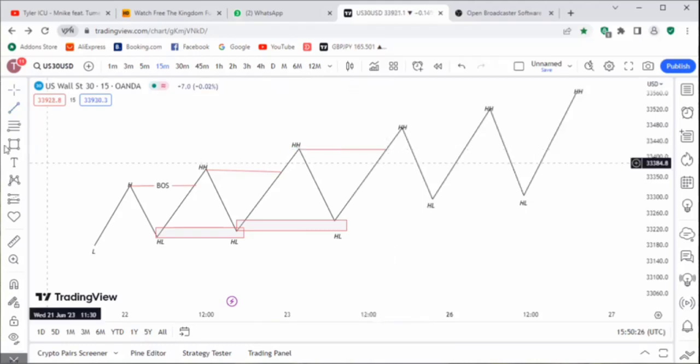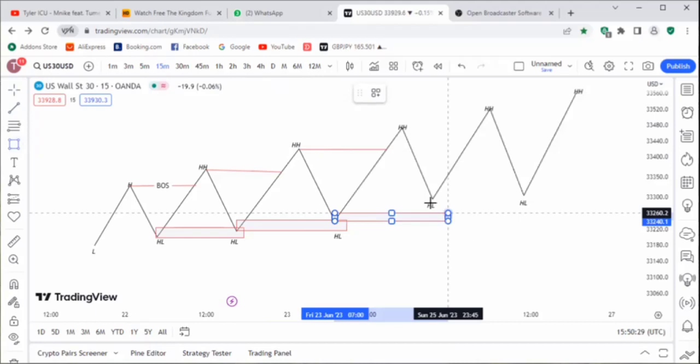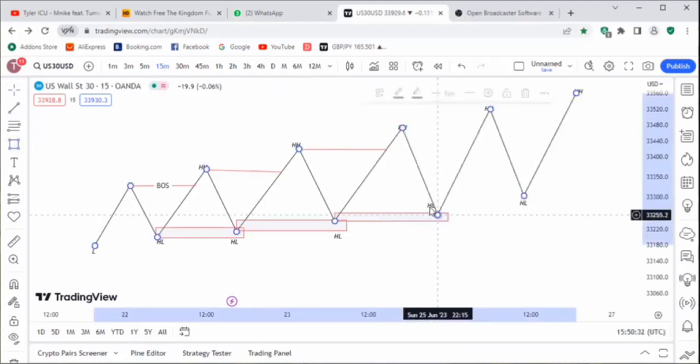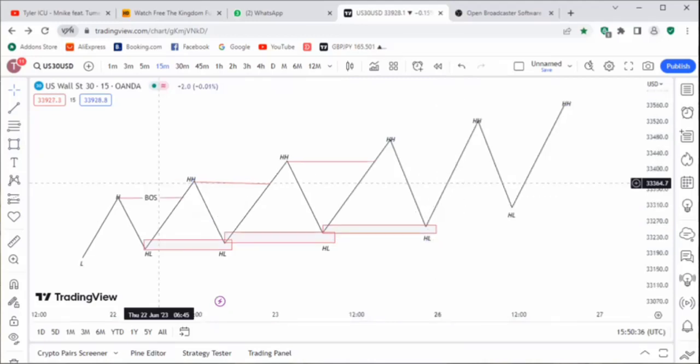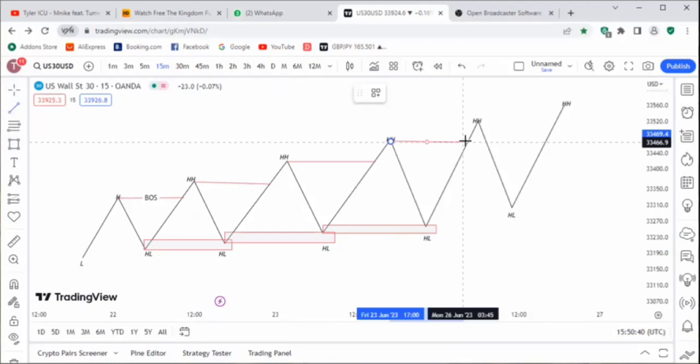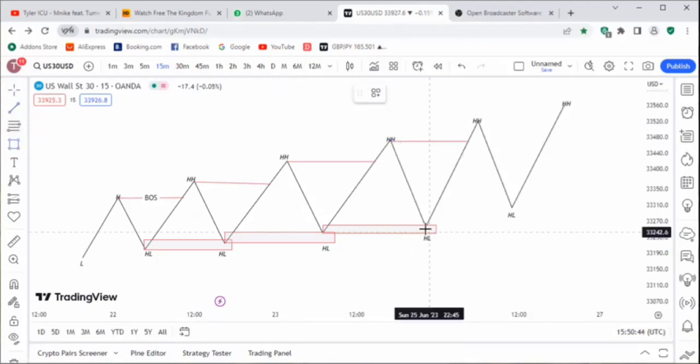Break of market structure. Then order block. Same thing. We take our order block at the higher lows. The market pushed up. Break of structure. After break of market structure, we're going to have this.